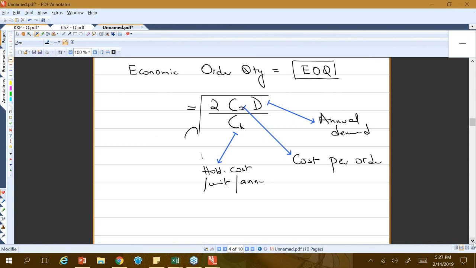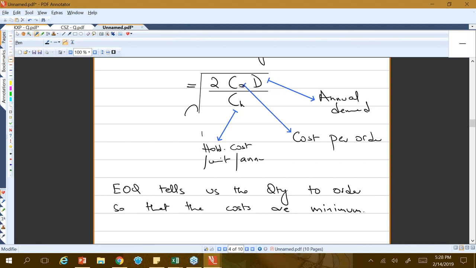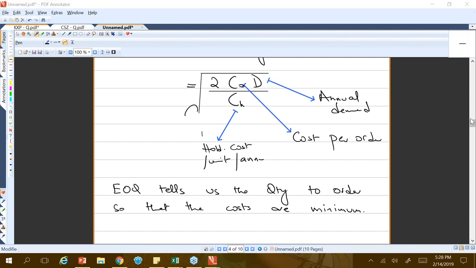So just to summarize this, EOQ tells us the quantity to order so that the costs are minimum. That is what EOQ is trying to tell us: how much to order when the costs are minimum.